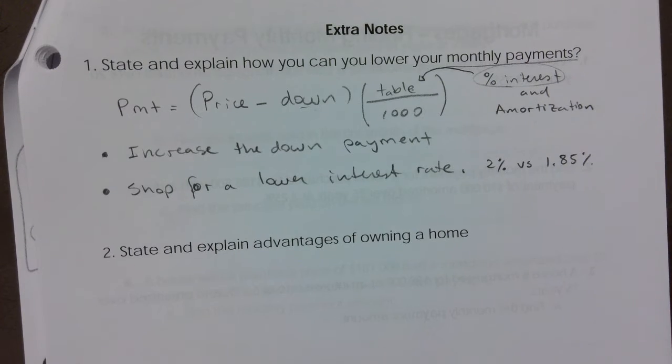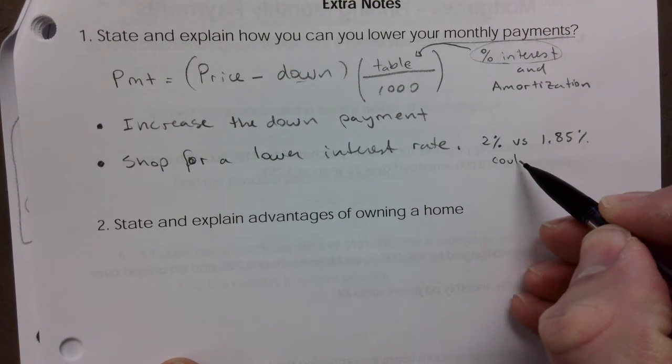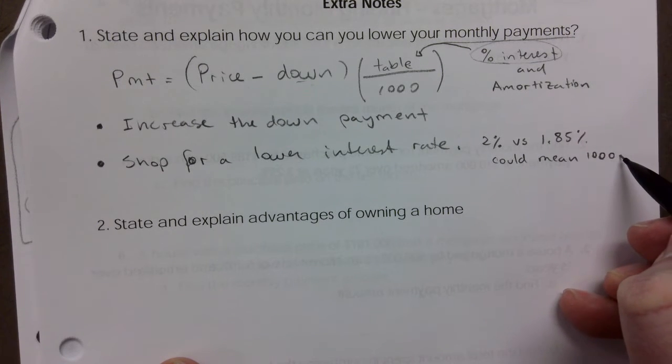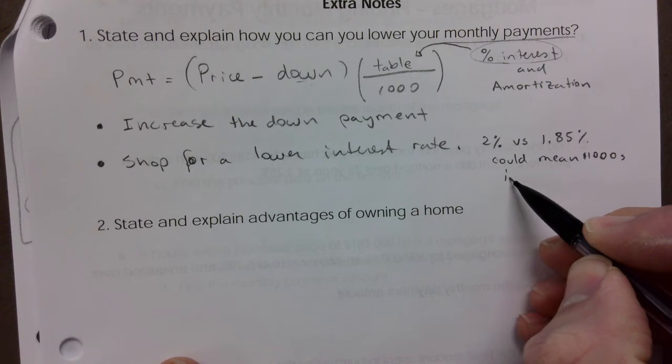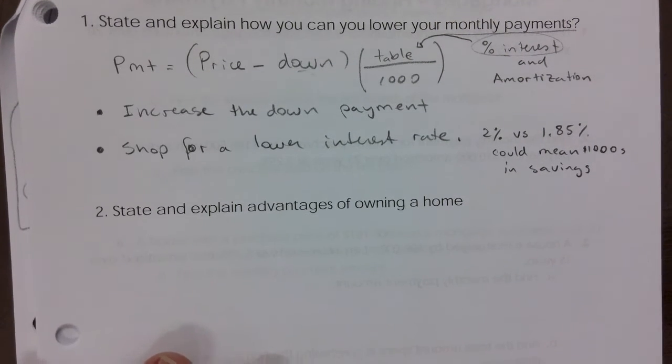You might think, that's almost nothing, right? Write this down, it could mean thousands in savings. It's thousands of dollars in savings in the long run. So when you're dealing with a large sum like a mortgage, getting a lower interest rate is worth it, right?